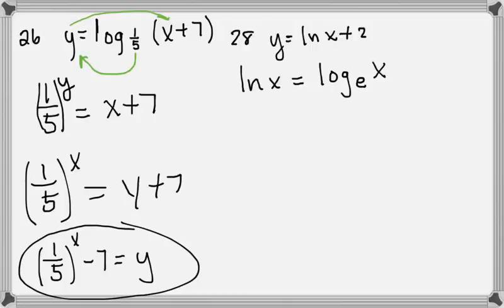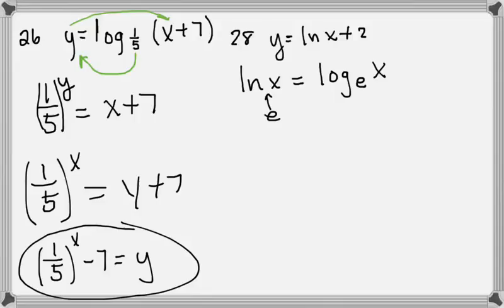If you want to write log with a base e, or just write right here that there's a base of e, you're more than welcome to make those changes. So ln has a base e. When you go raising it to a power, it's going to be e to some power. E to the y. Exactly.